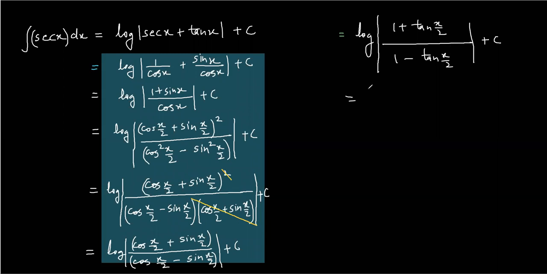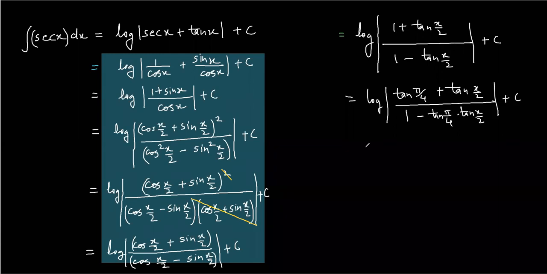So the next step, I write log of 1, I can write it as tan pi by 4, plus tan x by 2. And here I write 1 minus tan x by 2, which I can write as tan pi by 4 into tan x by 2.